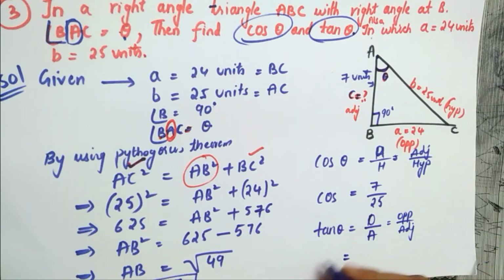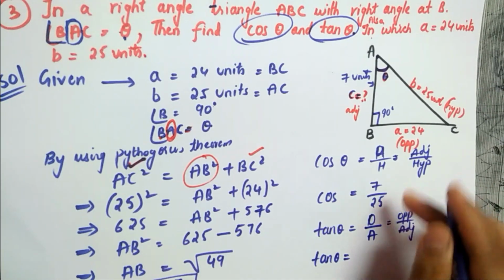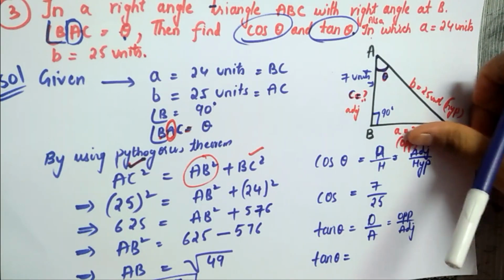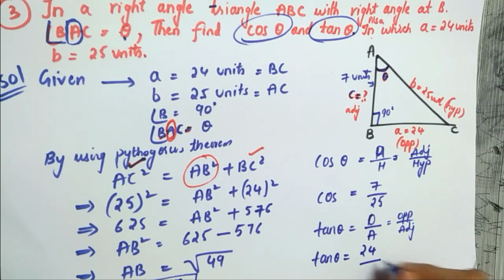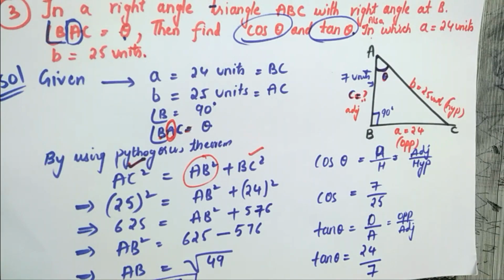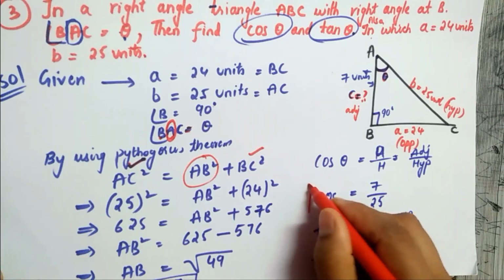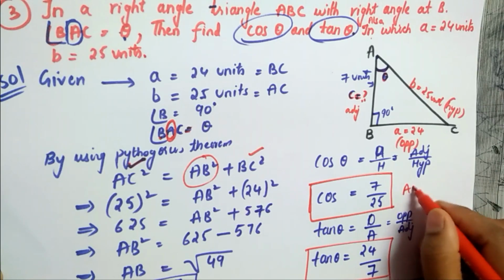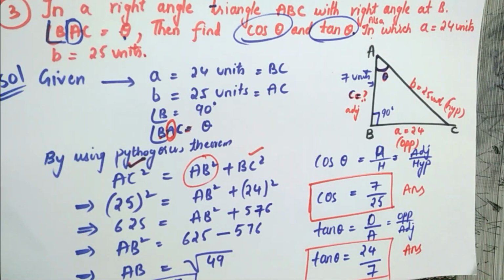What is the opposite side of this theta? 24, divided by the adjacent, 7. We simply got the answer for this. Isn't it easy? In examination, please present it this way. You will score full marks, I'm sure about it.